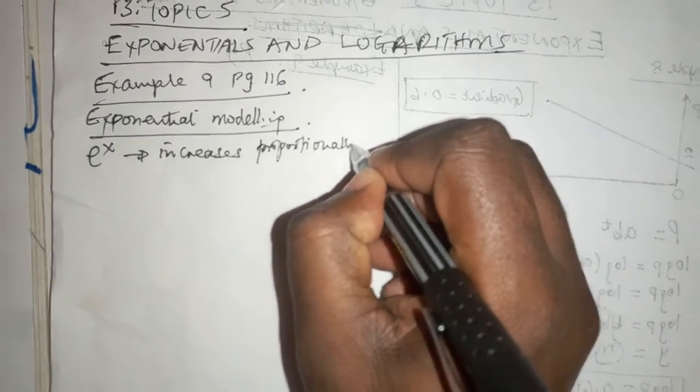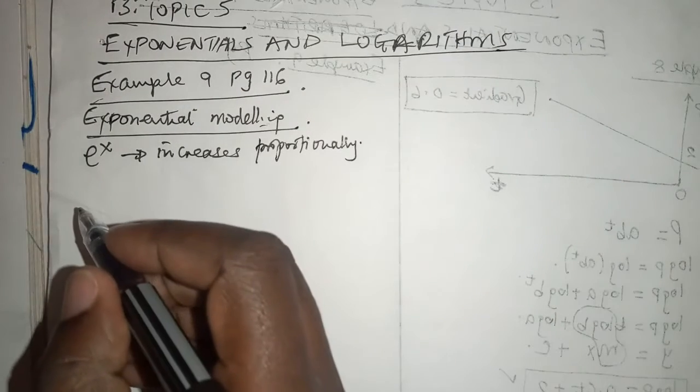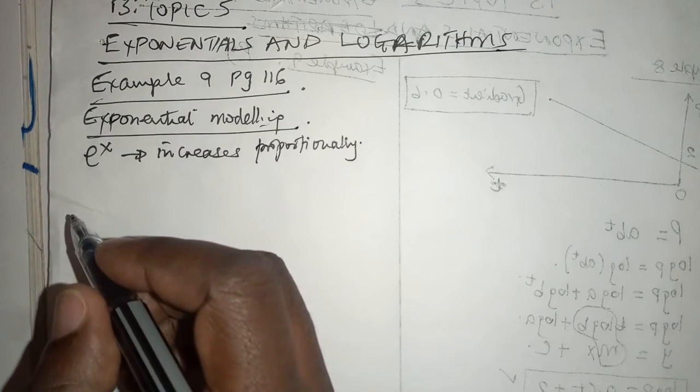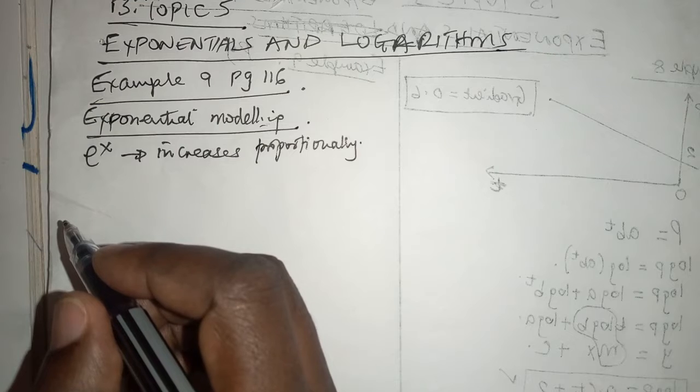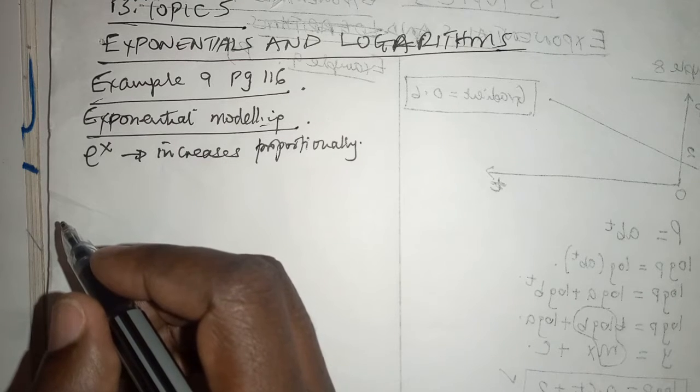It increases proportionally, and most of the time it is proportional to the size of the population at any given moment.